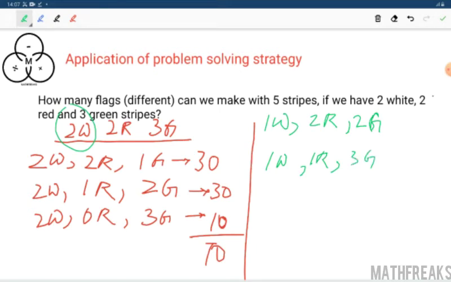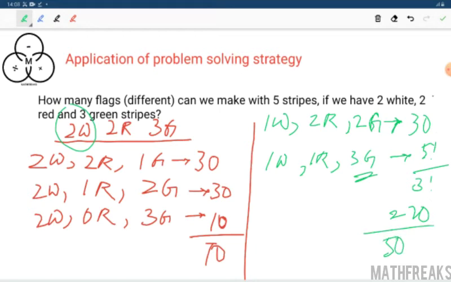So how many possibilities? 5 factorial over 2 factorial, 2 factorial. First find the combination and then arrange them. That is 120 divided by 4, which is 30 arrangements. For 1 white, 1 red, 3 green: 5 factorial, with repetition of 3 green, 3 factorial, which is 20. So here we have a total of 50 cases.